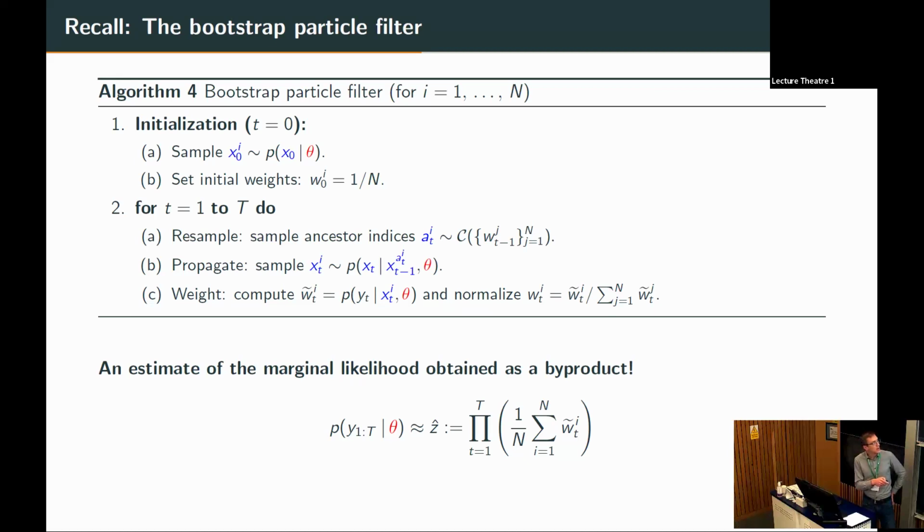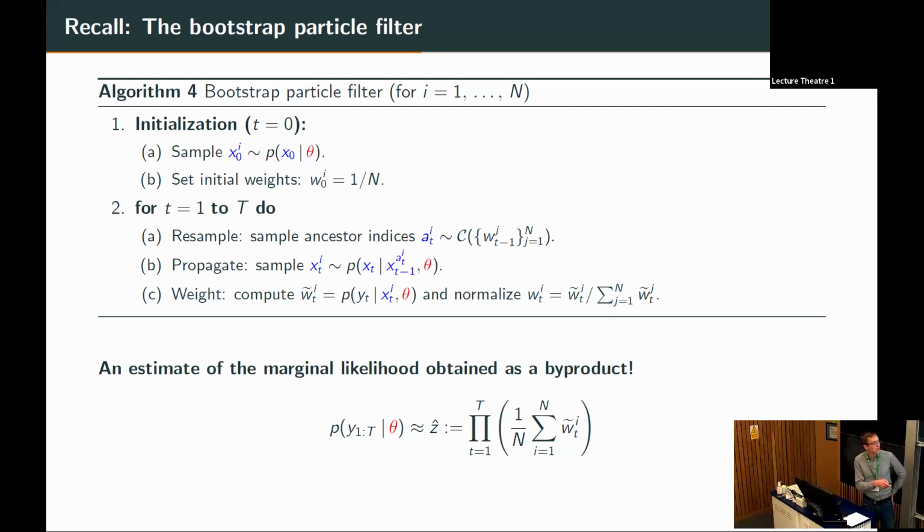This ancestor index a_t^i tells me which particle at time t minus 1 particle i at time t comes from. Then from my transition distribution, I simulate x_t^i, and then I compute weights according to the observation likelihood. These w tildes are unnormalized weights, and then we normalize them to get the w's without the tilde.